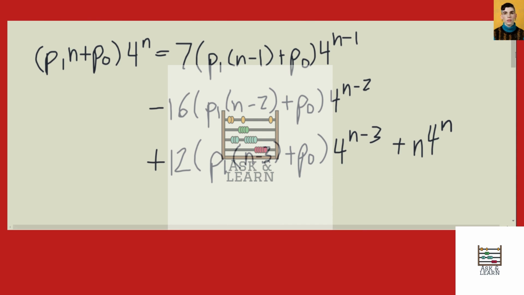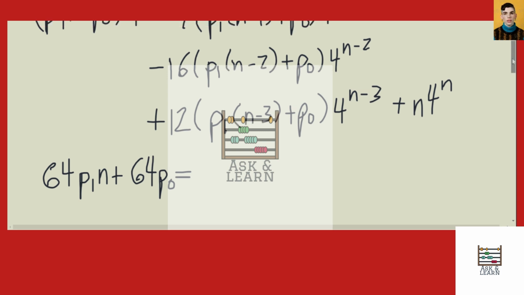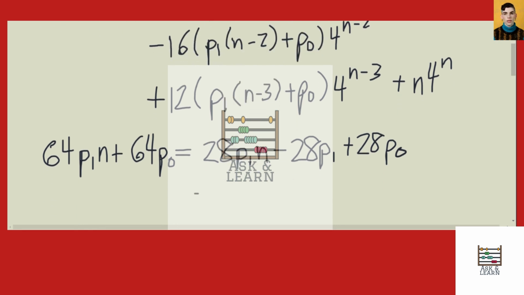Dividing both sides by 4 to the n minus 3, we get 4 cubed, which is 64, times p_1 n plus 64 p_0 is equal to, here we have 7 times 4 is 28 p_1 n minus 28 p_1 plus 28 p_0.